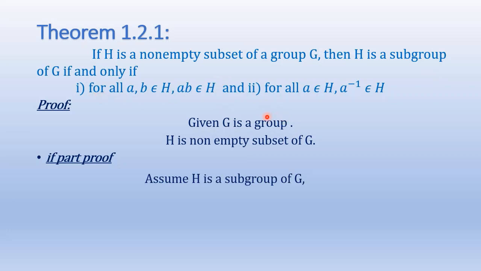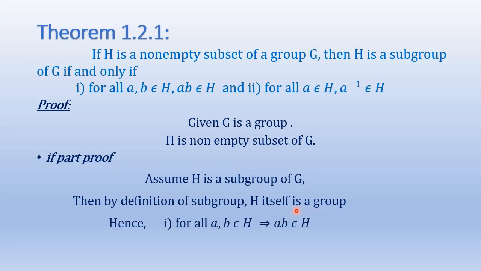By the definition of subgroup, H itself is a group. A group should satisfy these conditions. Hence, for all A, B belonging to H implies A into B belongs to H. Similarly, for all A belonging to H, the inverse A inverse belongs to H.